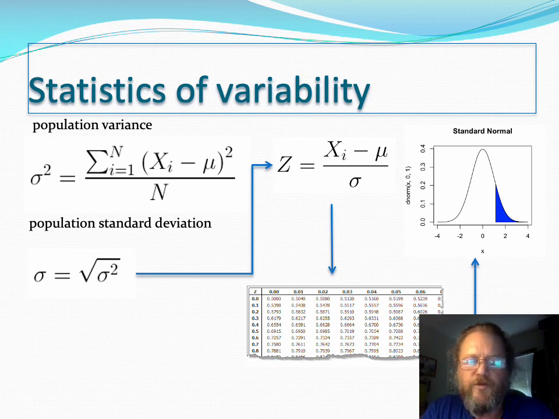What's useful about this is, knowing the variability, you can predict how often you would see a value that's 1 or 2 or 3 standard deviations away from the mean.